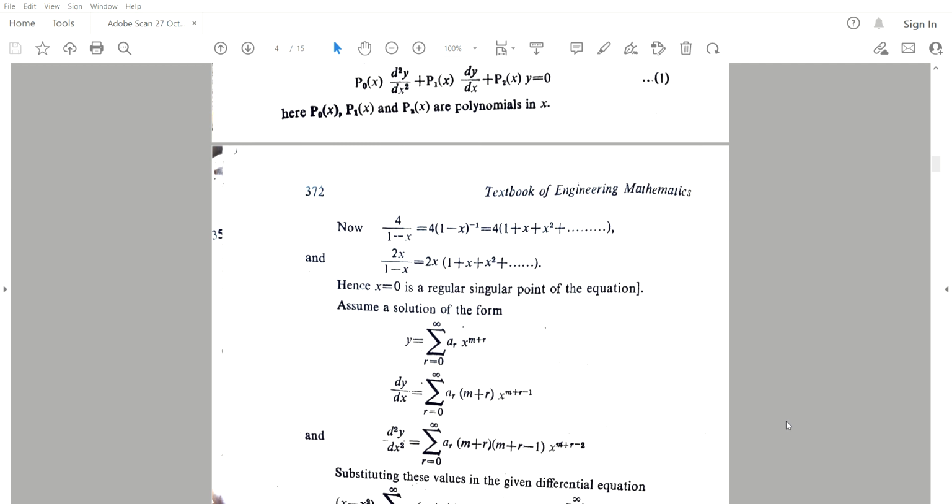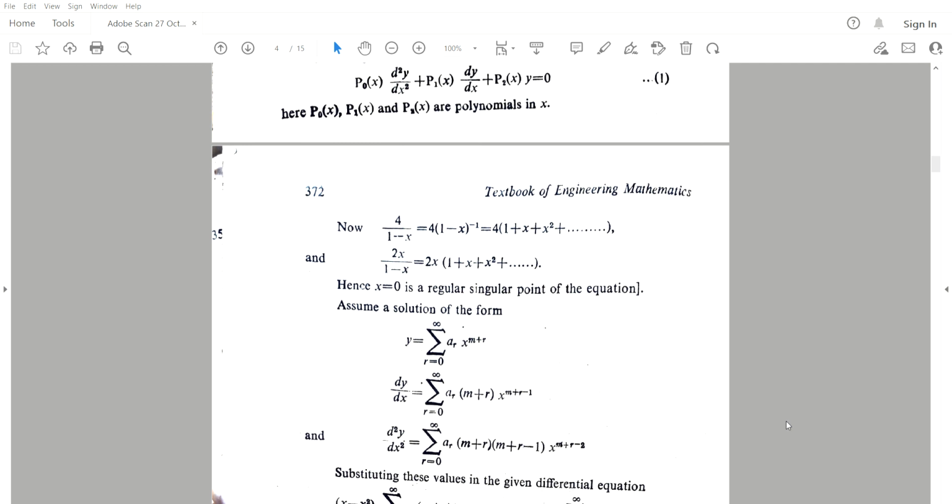Then the solution is written in this form: summation r is equal to 0 to infinity a_r (x minus a) to the power m plus r. We know r is equal to 0, 1, 2, etc. But what will be m? We will have to calculate the value of m.